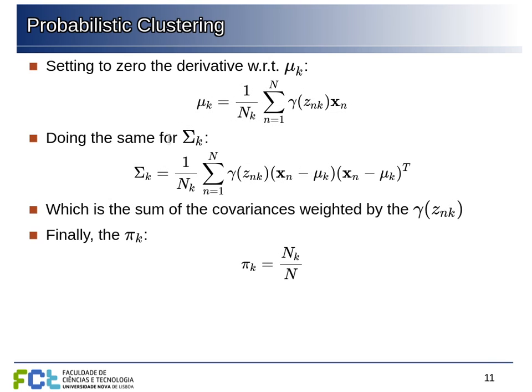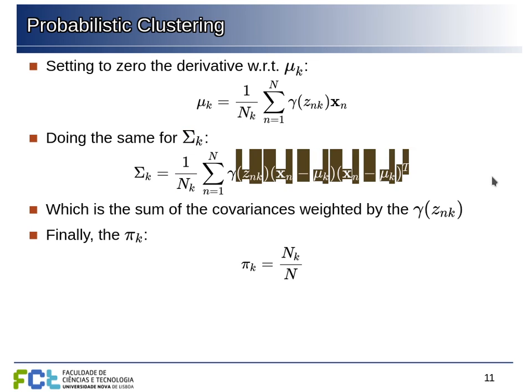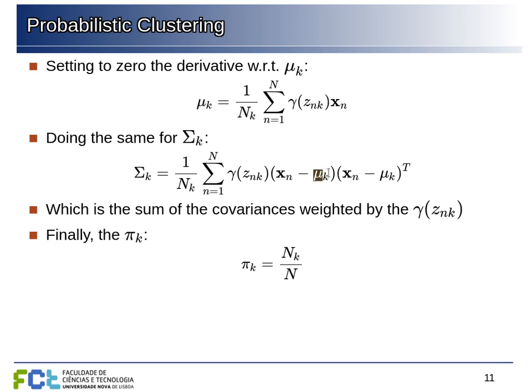To compute the covariance matrices, we do the same thing. So it's this weighted average for all the points considering the center of the distribution. Basically, this is the expression for setting the derivative with respect to the covariance matrix to 0.